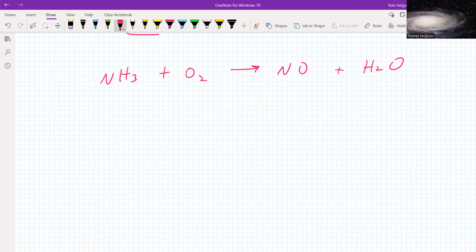One. You have 3 hydrogens. So you go like this: you have N's, H's, and O's. You have 1 of each. 3 hydrogens, 2 hydrogens, 2 oxygens, 2 oxygens.